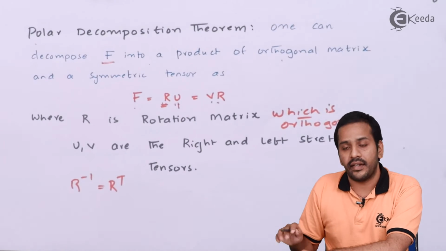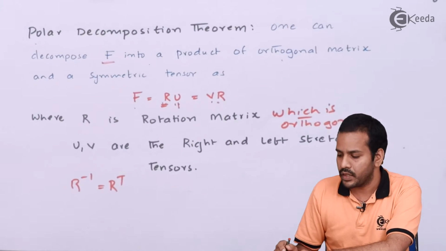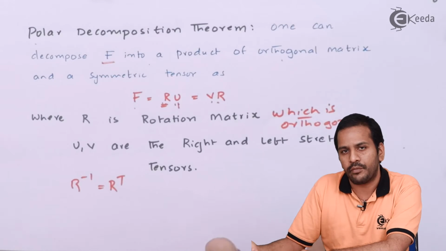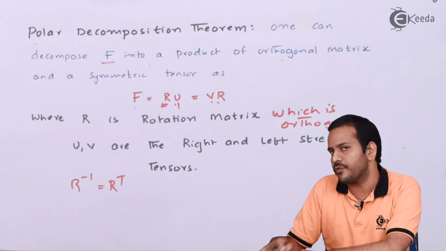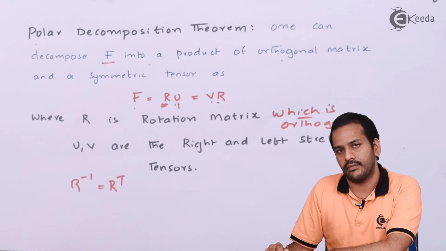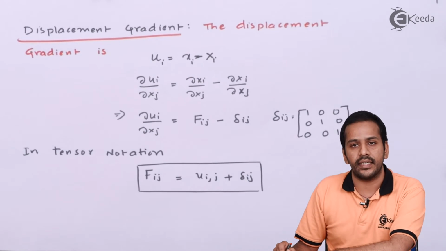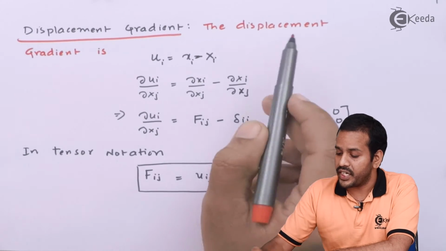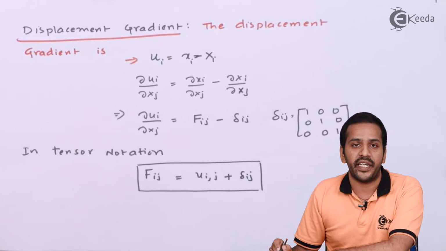U represents the right Cauchy stretch tensor and V represents the left Cauchy stretch tensor. We are not going in depth into continuum mechanics, but this is the basics to define the strain. Strain pops up from here. The other definition we can introduce here is the displacement gradient. First let us define what the displacement is.